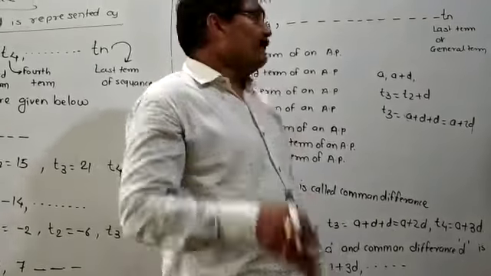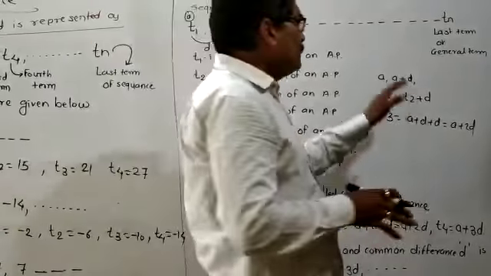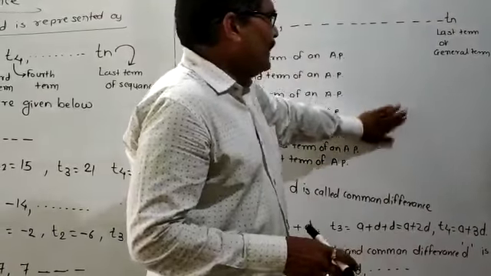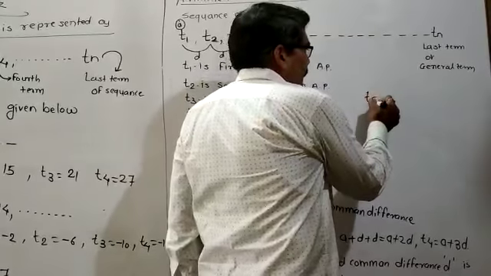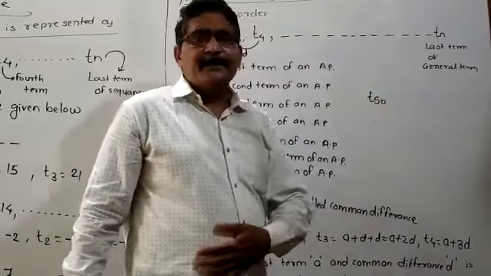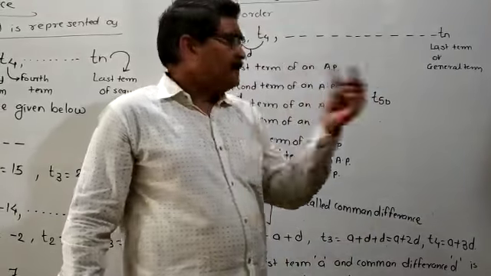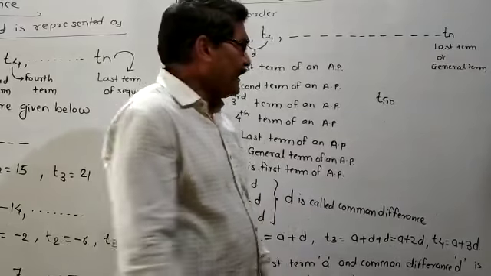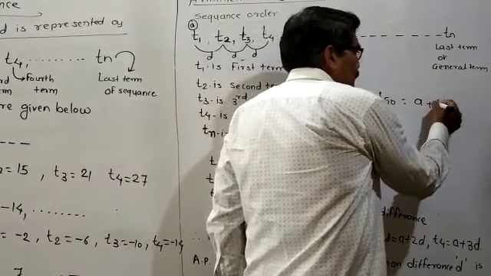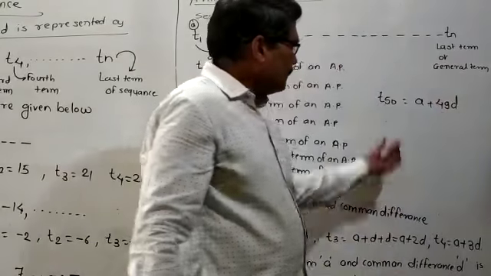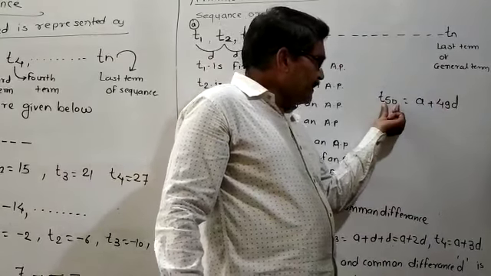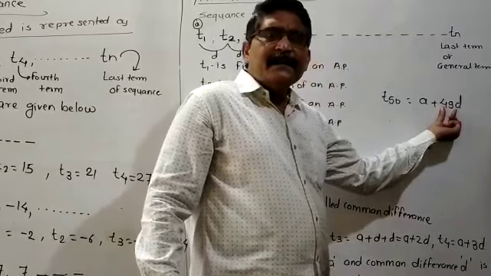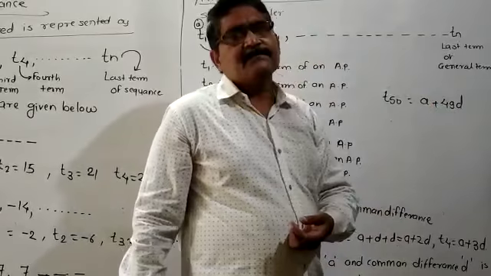But in a simple manner, I will give you some tricks on how to write the terms. If you want to write T50, the 50th term of the AP, how will you write it in the form of A and D? I will write it as A plus 49D. Because here it is 50, one number less, 49 times the common difference you have to add to the first term.